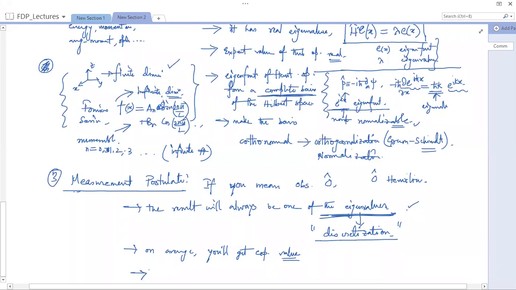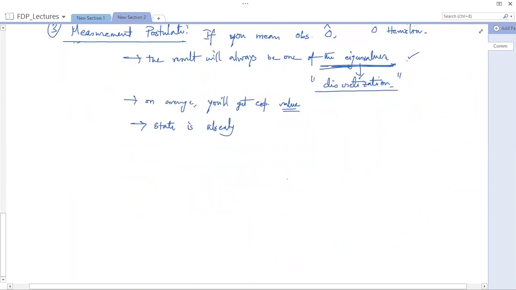Now, if your state is already an eigenstate, then you will always get the same eigenvalue.